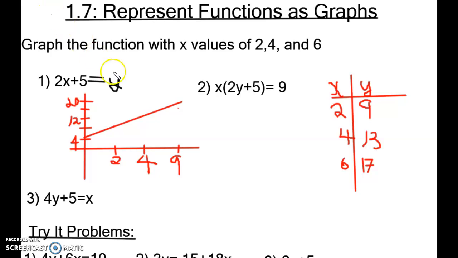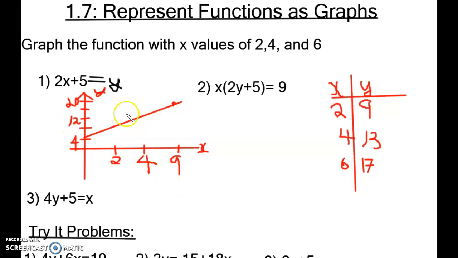So that point would be right there. Right, so obviously it's a linear graph, and the y coordinate and the x coordinate.